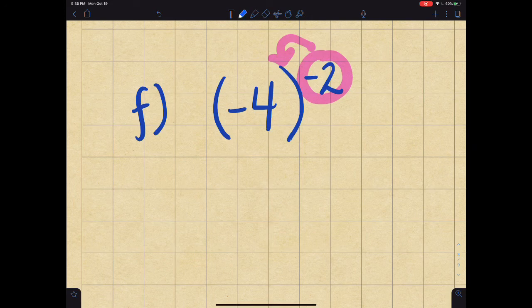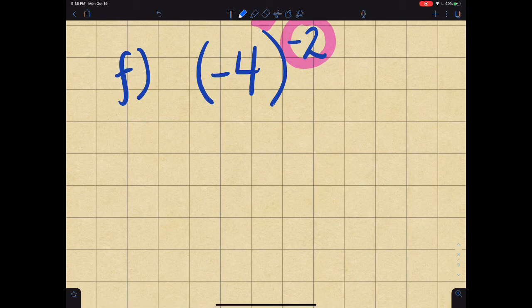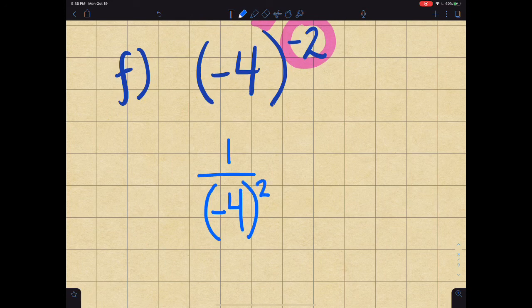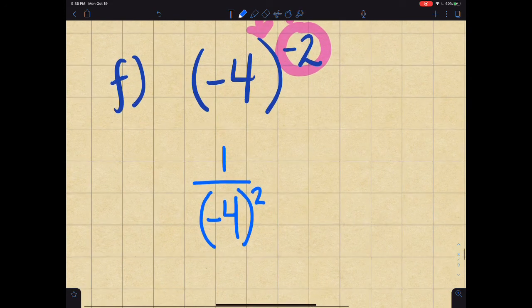So when I change this from the numerator to the denominator, I'm going to do this: 1 over negative 4 squared. The sign that changes is the sign on the exponent when I move it from the numerator to the denominator.